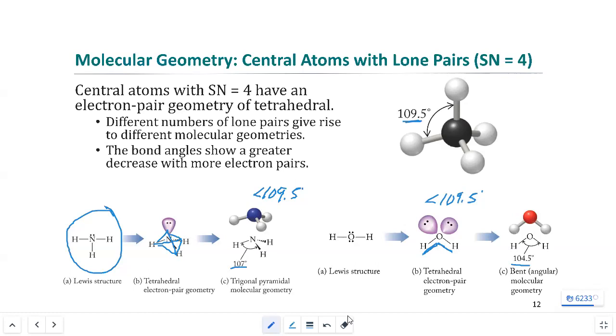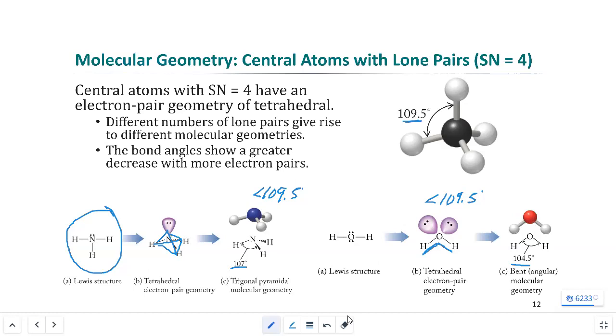They're really not important. And the main reason they're not important is because there's no way of monitoring, okay, if I have H2S instead of water, am I going to get the same exact bond angle? Answer is no, I'm not. That sulfur is bigger, it's going to have a difference in the bond angles.